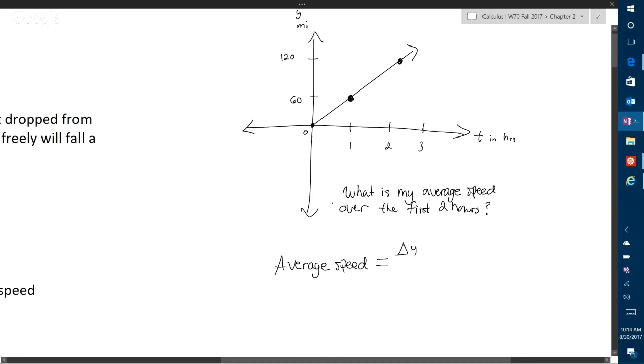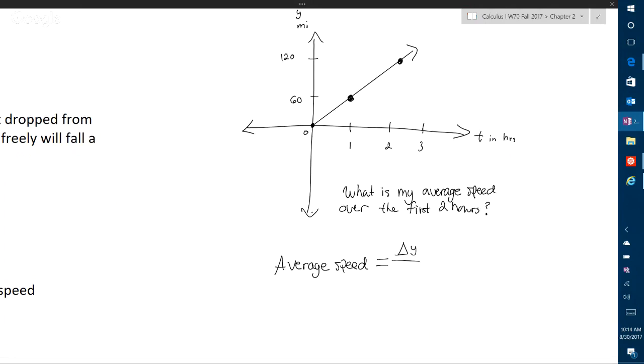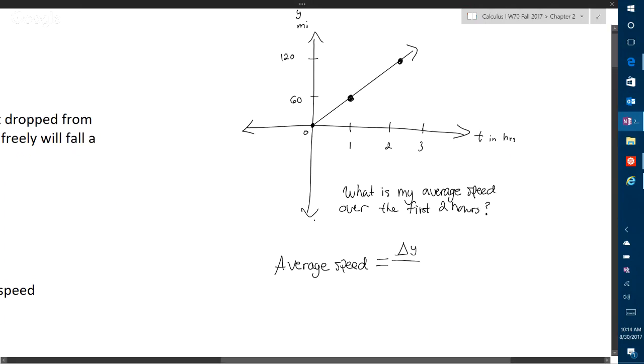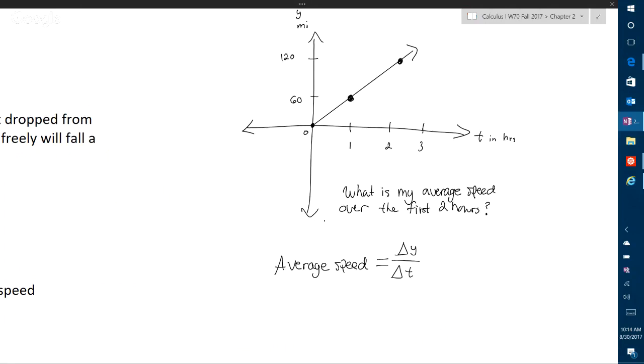This is the change in y, divided by the change in time. Basically, how far I went divided by how long it took me to get there.